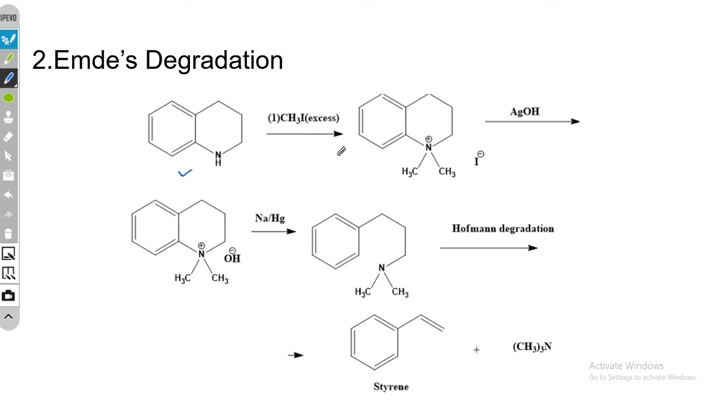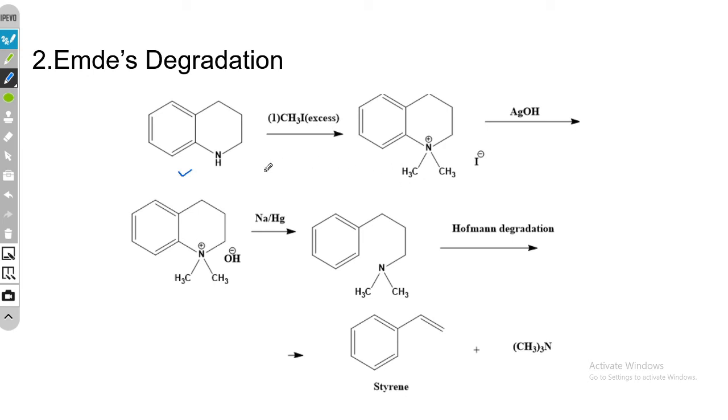In this case, the Emde degradation is done in combination with the Hofmann degradation. In this method, the quaternary ammonium salt is reductively cleaved with sodium amalgam, or sodium in liquid ammonia, or catalytic hydrogenation.